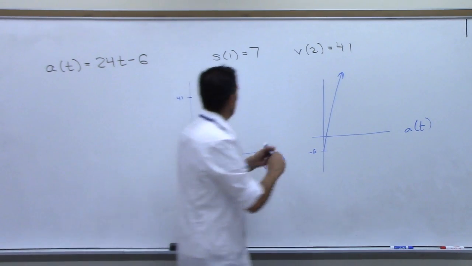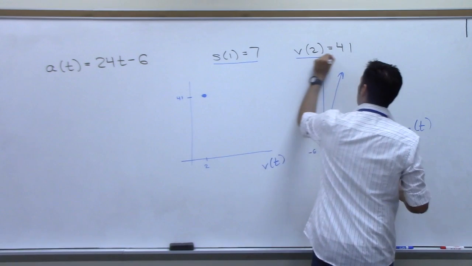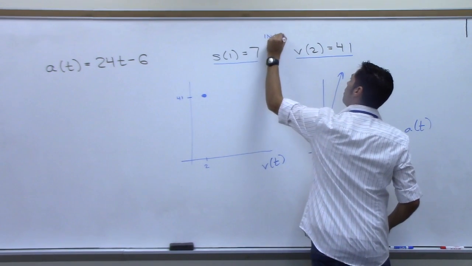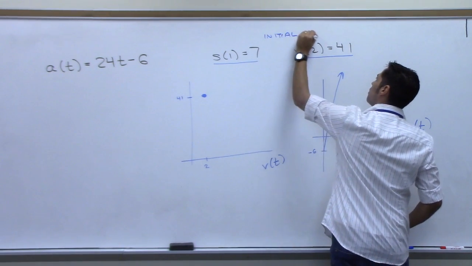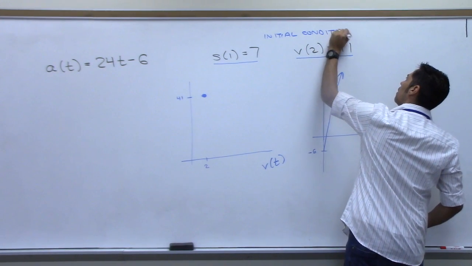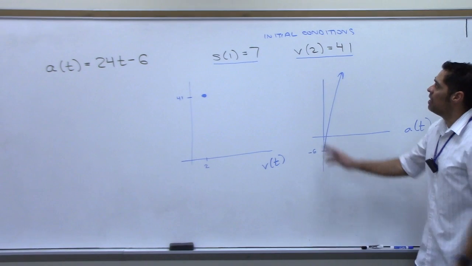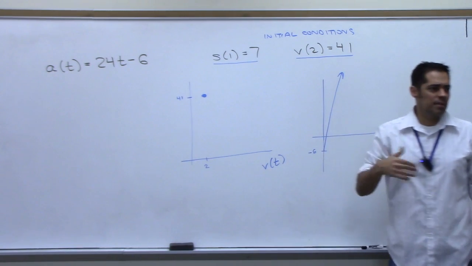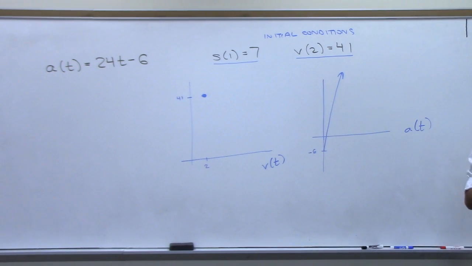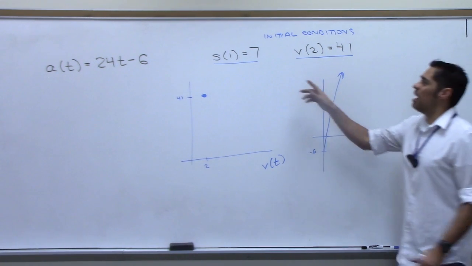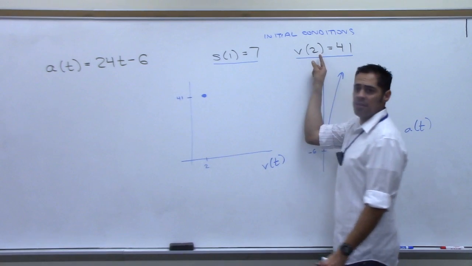These things, in problems like these, are known as initial conditions. Now, it's bad wording in this problem because initial usually makes you think starting. Most of the time it's like S of 0, V of 0.